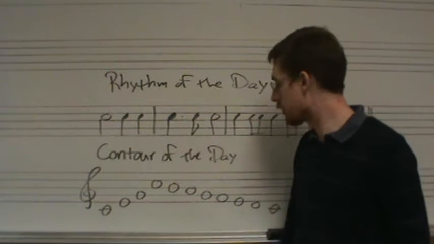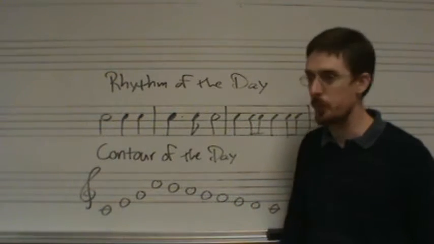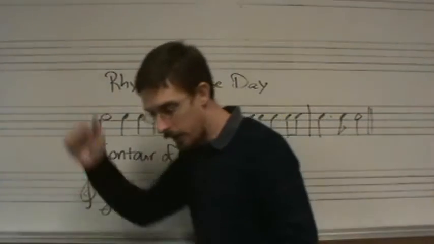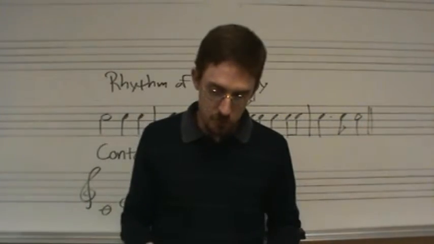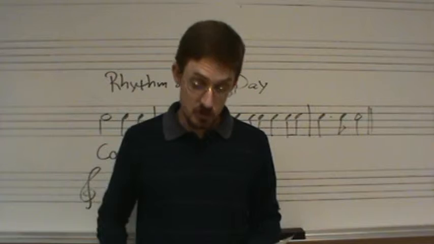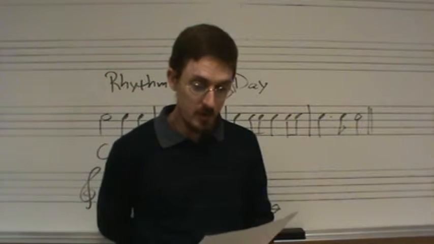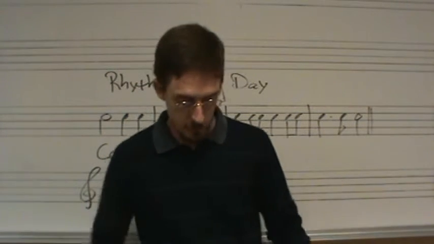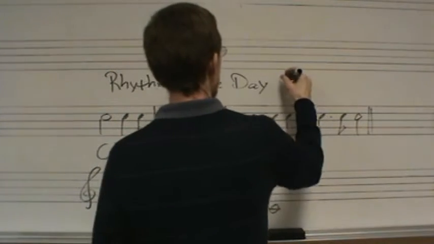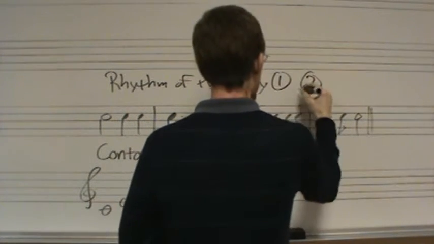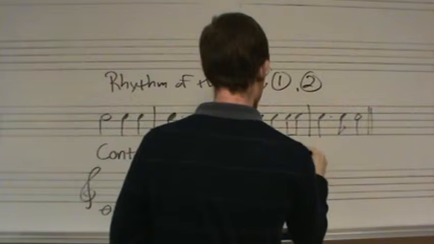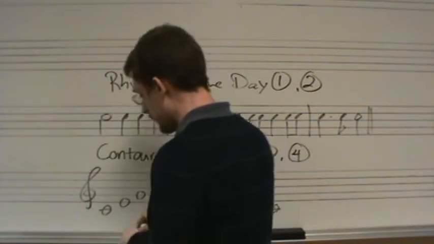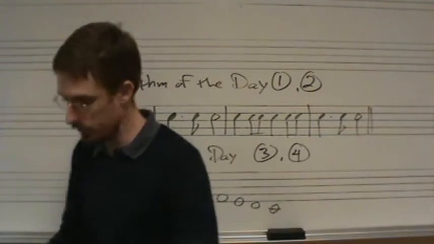And on the contour of the day, the contour is solid, so we can focus on the rhythm. All right, so we're going to do 2 examples of each. Okay, so there were going to be 4 total examples. So 1 and 2 will be based on the rhythm of the day, and 3 and 4 will be based on the contour of the day. And I'll give you all the stats and information as we go through it.